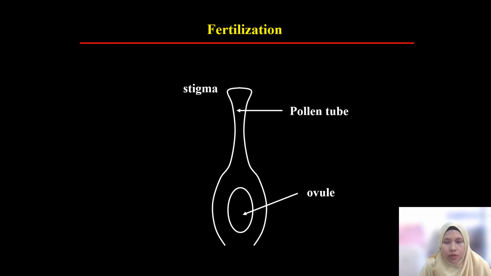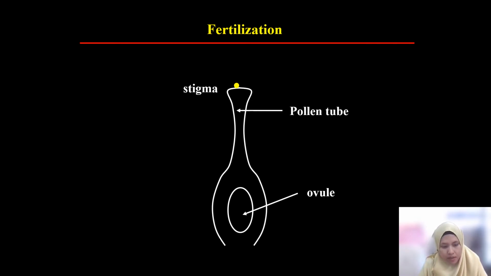In order for the plants to form seeds, first they have to go through the fertilization process. This is the structure where the fertilization process happens.